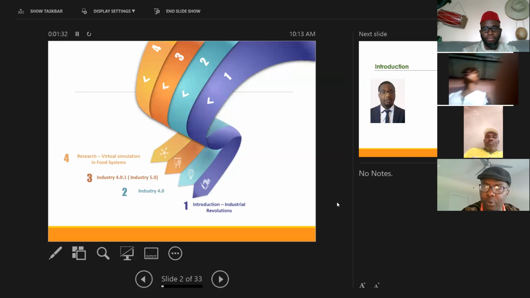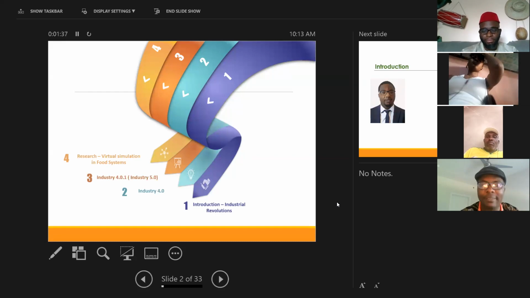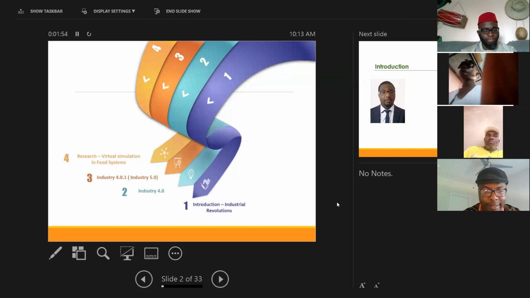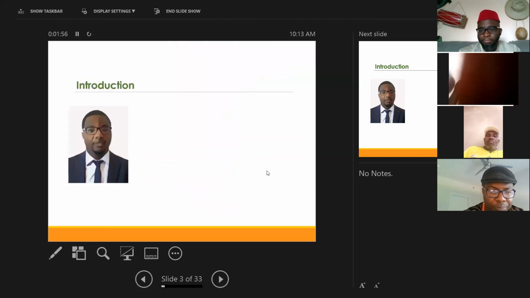Then we move to Industry 4.0.1. Then lastly, I will talk briefly about some of the things I've been doing in my research group in this field. Just briefly, I'm not going to boast with the science that is in there. So let's go.